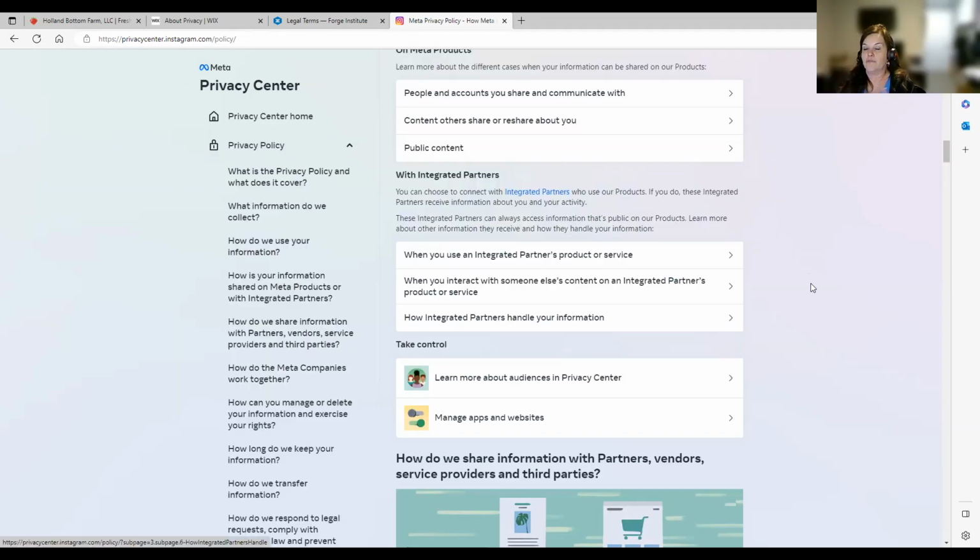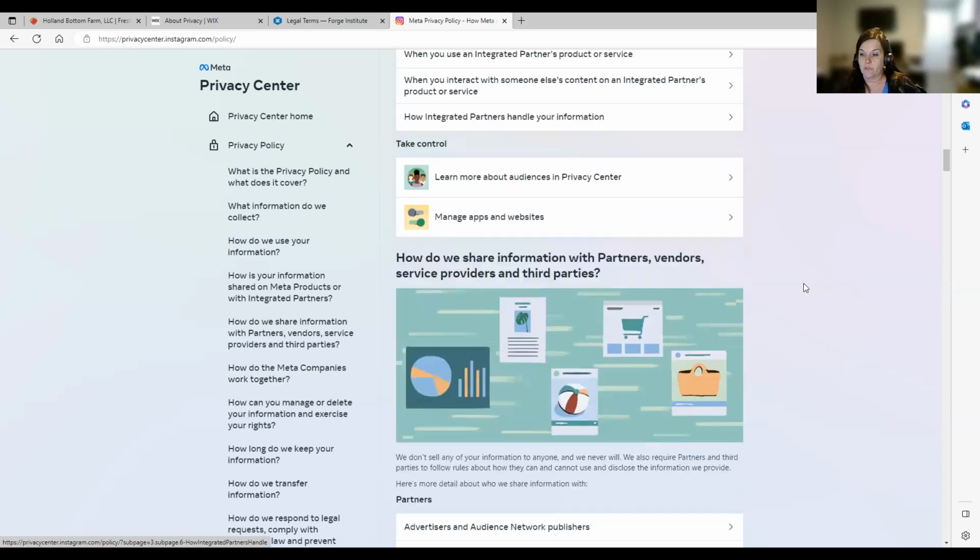But if they have integrated partners, or if they're sharing information with other people, third parties or integrated partners, what's the privacy policy of those people as well? So yeah, absolutely. It's not like you can just stop here because you're just using Instagram, but now you have to go and review and or try to determine all the different integrated partners, their products, their services, and who they're sharing that information with.